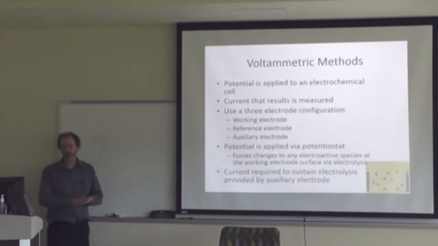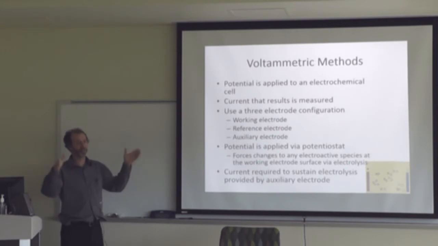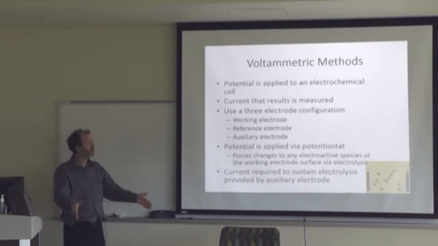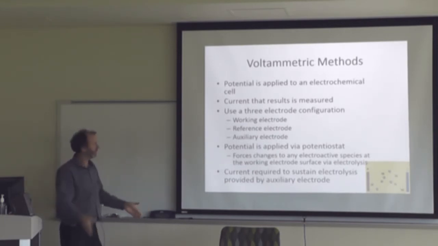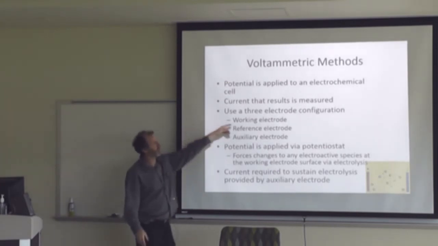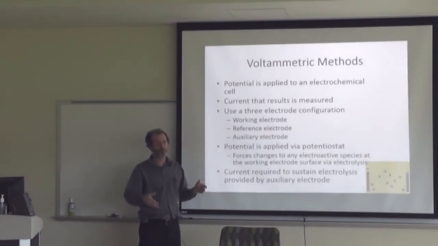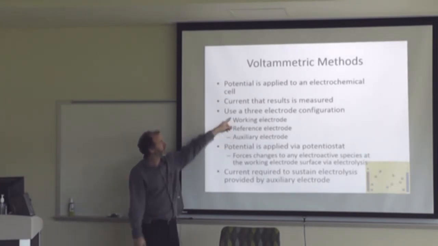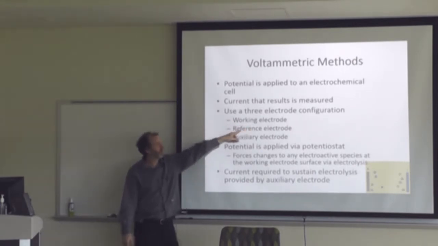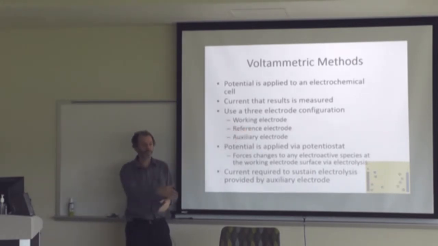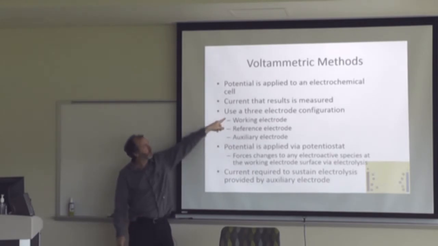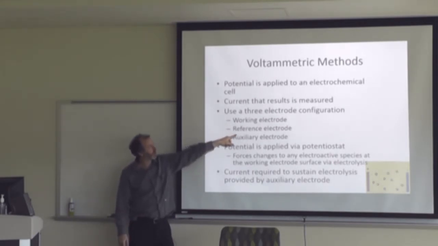Voltammetric methods: you actually apply the potential to the electrochemical cell, and the current that results is then measured. It uses a 3-electrode configuration, rather than the potentiometric methods, which use 2 electrodes. With this, we have a working electrode, a reference electrode, and an auxiliary electrode.